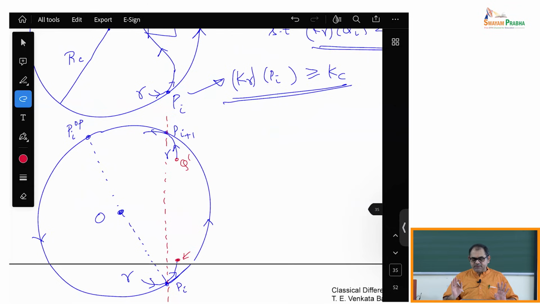That is obvious because at pi plus 1 and at pi the curve gamma is touching the curve C. Okay, so the curve has to enter on one side and then touch and leave the other side. So there are points of the curve on both sides. So you can find such a point such as q. But now comes the important thing.